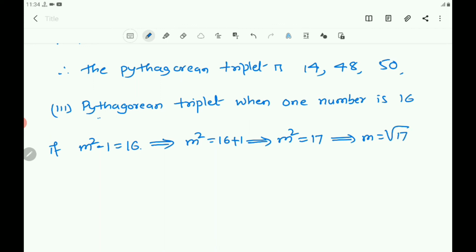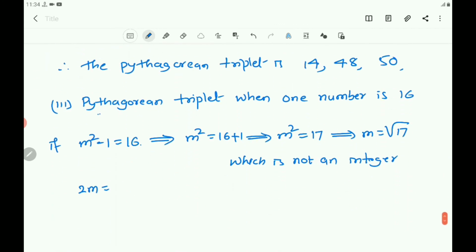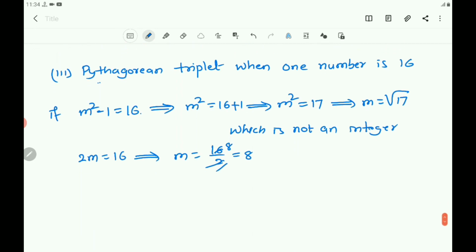Root 17 is not an integer. Then you take 2m. 2m is equal to 16 you take. That implies m equals 16 by 2. 2 ones are 2, 8 twos are 16, you got m equals 8. That is, if 2m equals 16.